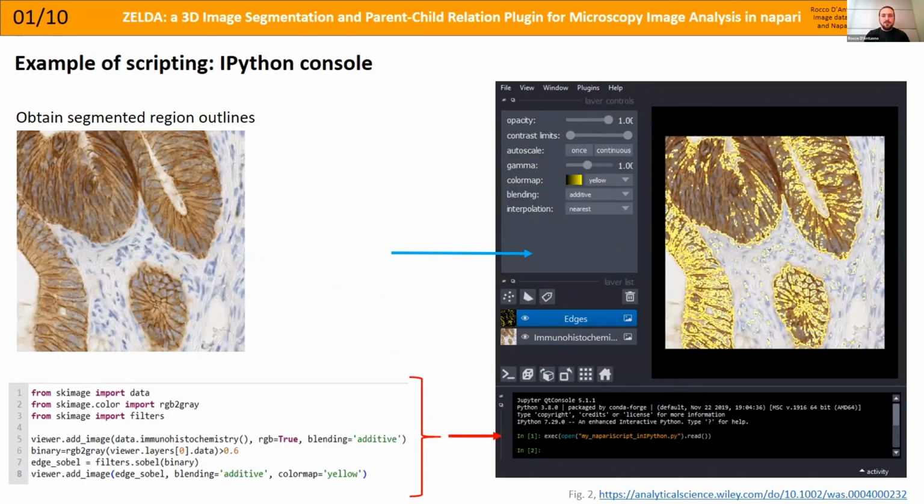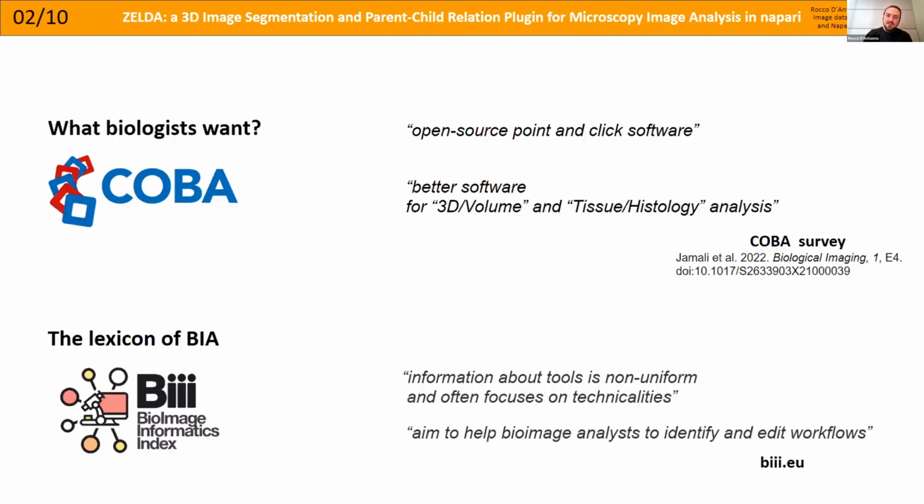We learned a lot of coding. We learned that Napari has a very nice way of showing the result of our bioimage analysis workflow. But my question is, should we always code, or at some point can we rely on point-and-click software?